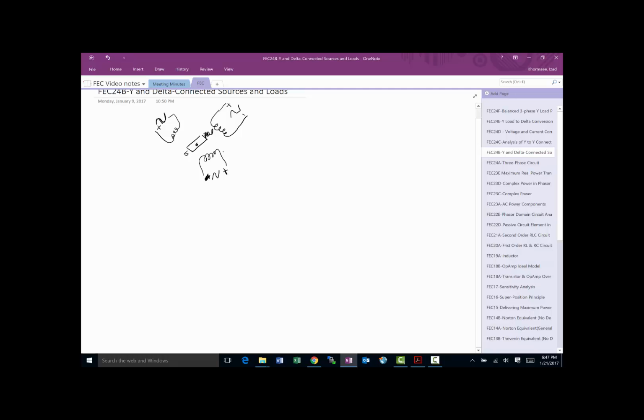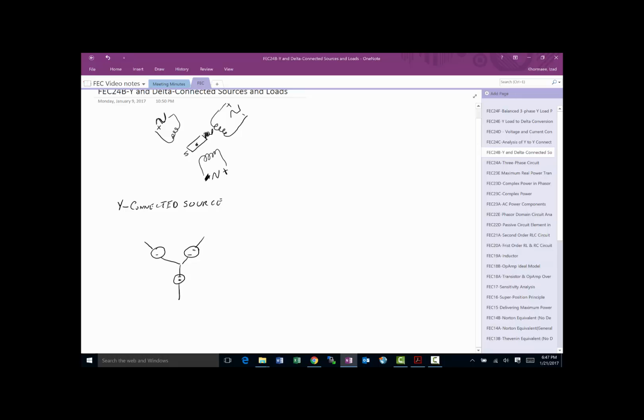As far as the source configuration is concerned, we could connect it as a Y connected source, which basically looks like a Y. You have a source sitting here, a source here, and a source in here. In this case, we connected all the minuses to each other and pulled out the positive side.